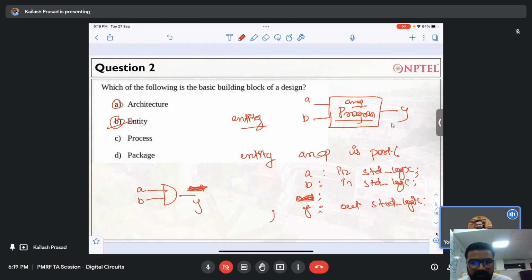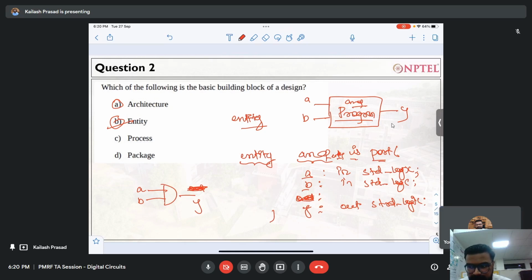Entity is nothing but what provides you the input and output ports you have. So suppose I have two inputs and one output, I will write entity, whatever the name of the entity is, my name is AND entity. And you write is, then port.